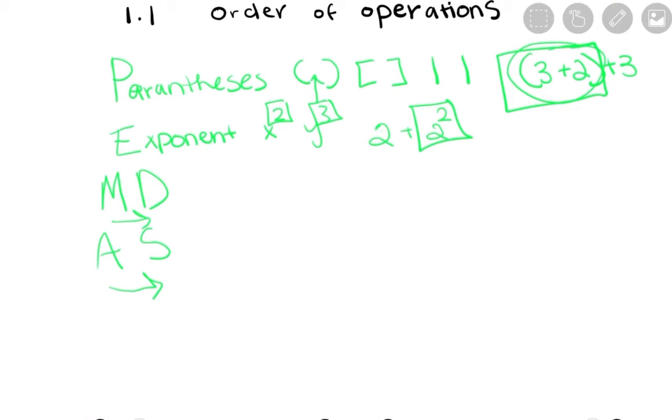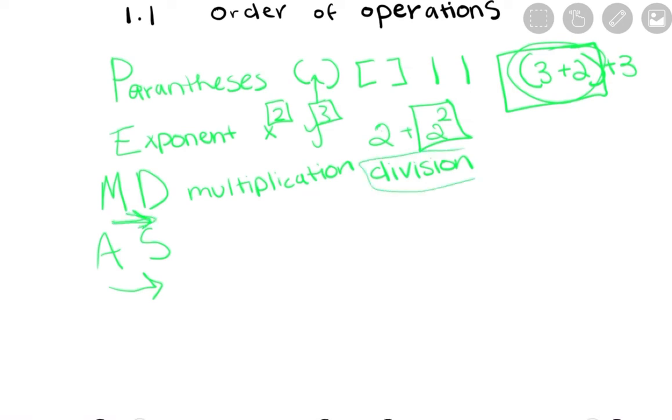Okay, then we're going to move to multiplication and division. Even if it says PEMDAS, it's supposed to be MD, they are equal. That's why I have this arrow here. We're always going to move from left to right.